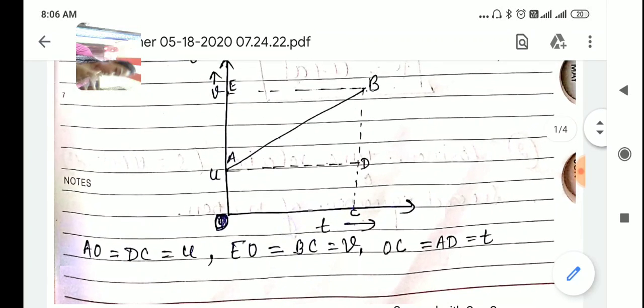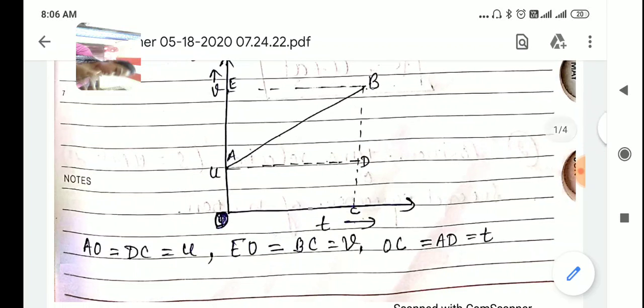Now if we see the graph, this OA represents the value of the initial velocity, and this OE represents the value of the final velocity. This length from A to D, which we can also say is O to C, represents the value of the time.